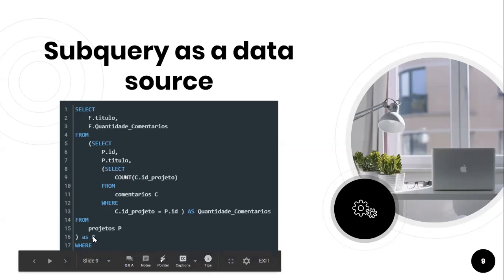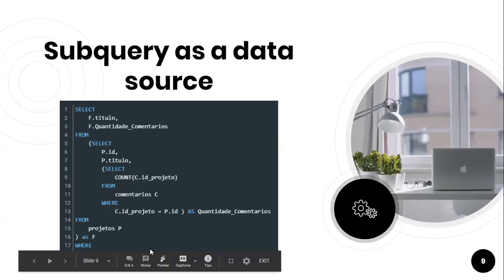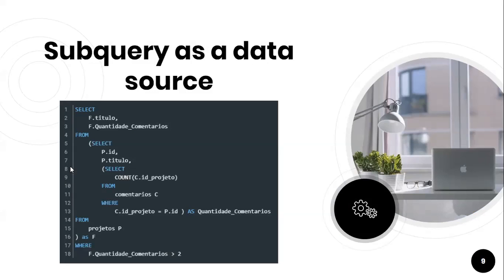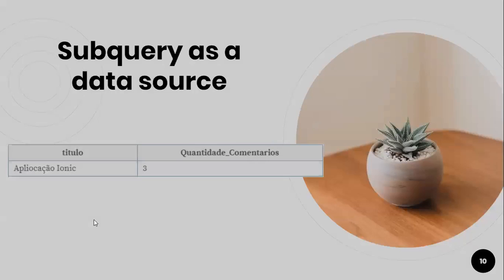So F here is behaving as a table. And here we have a filter that the quantity is more than two. So the quantity of comments is more than two, and it selects the title column and the quantity column of the F table, or the F subquery.